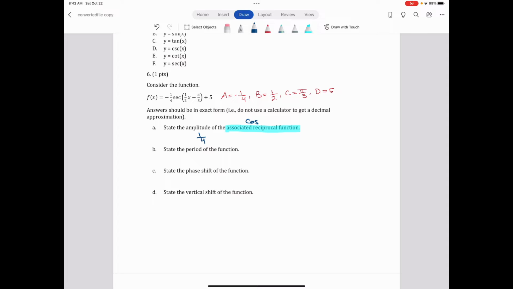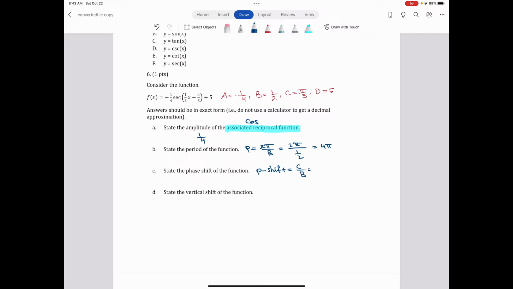The period for this function, we know that the period is equal to 2 pi over b for the function cosine. So this is equal to 2 pi over 1/2, which is going to be equal to 4 pi. State the phase shift. The phase shift is c over b.